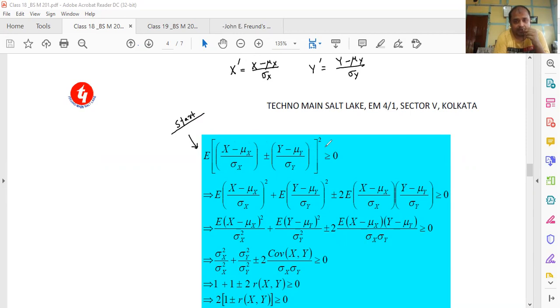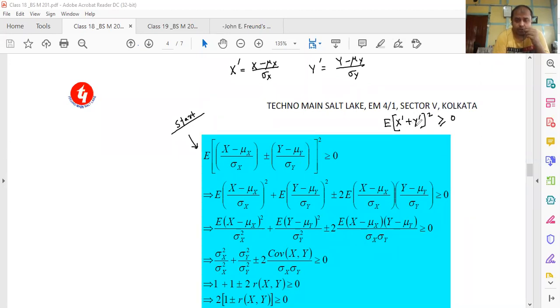So actually this is saying that the expectation of (x prime plus y prime) whole square is greater than or equal to 0, which is obvious because (x prime plus y prime) whole square is a positive quantity, so its average will also be a positive quantity.